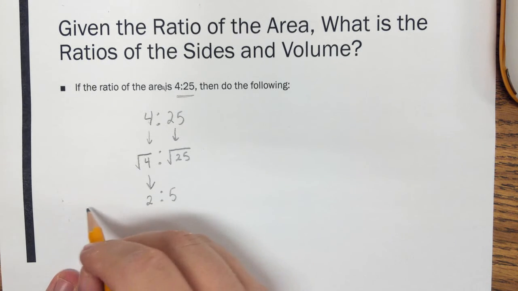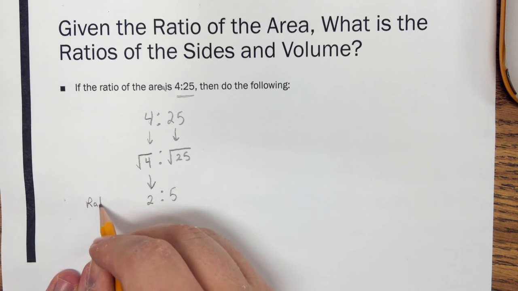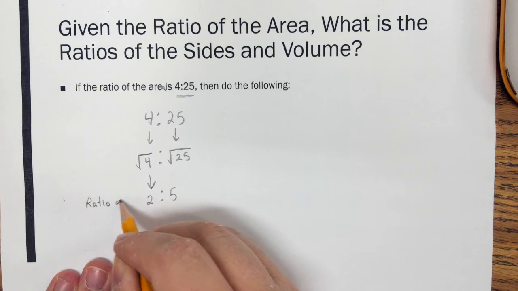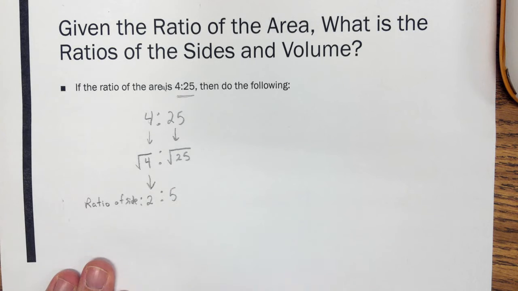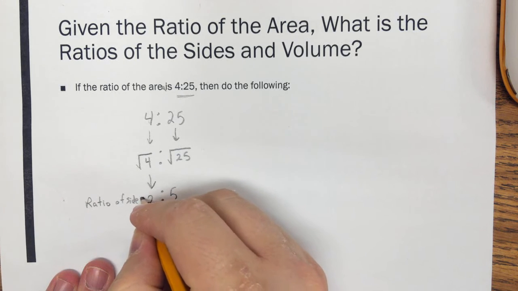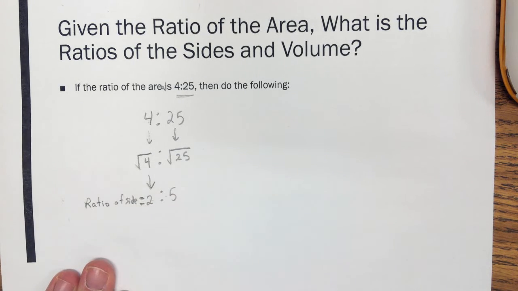So here's the ratio of the sides. It's 2 to 5. Always go back and try to find the ratio of the sides first.